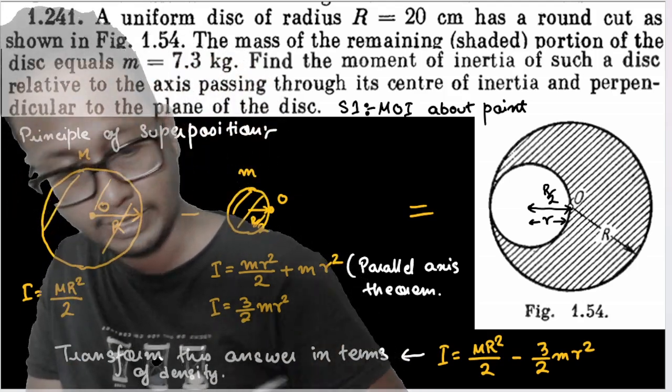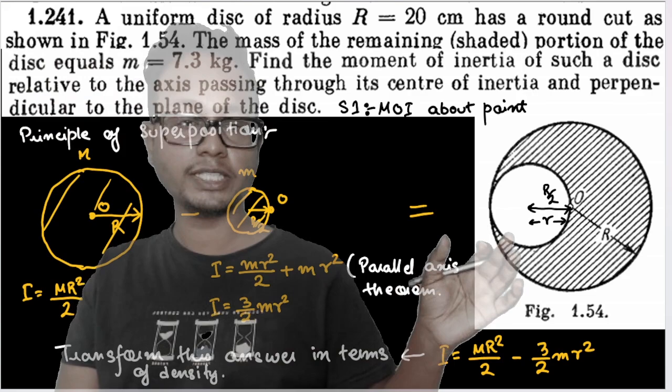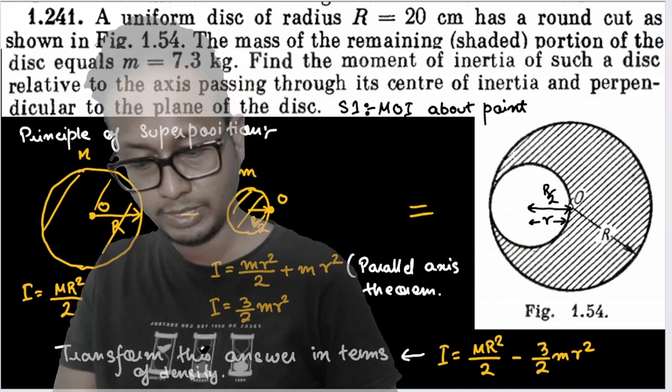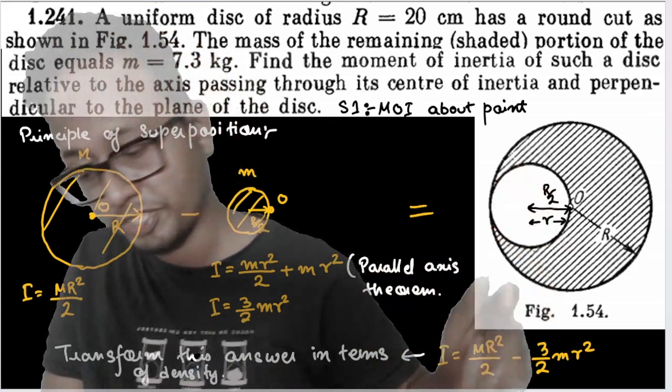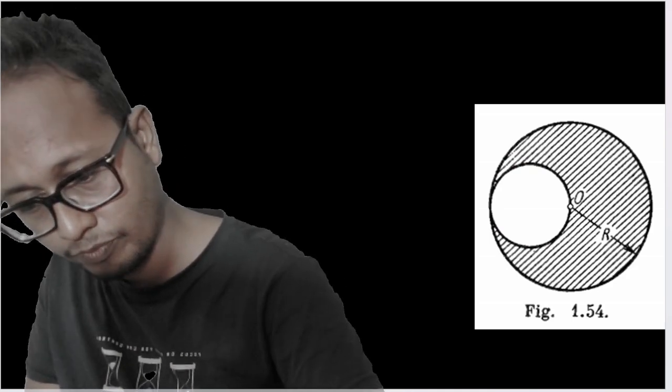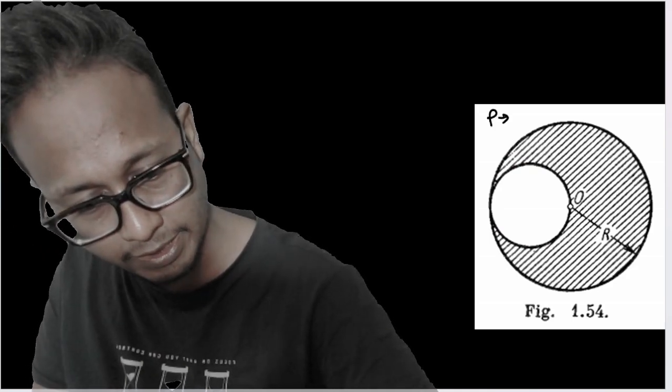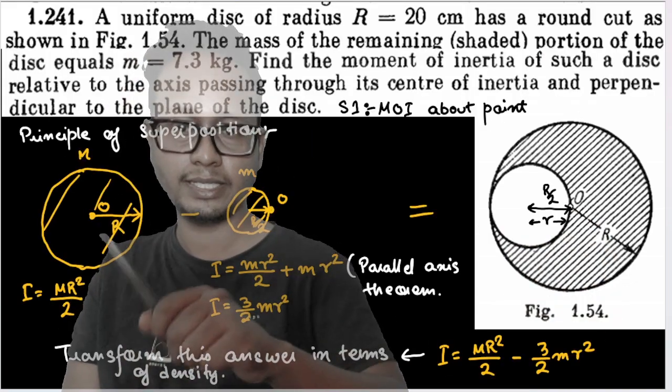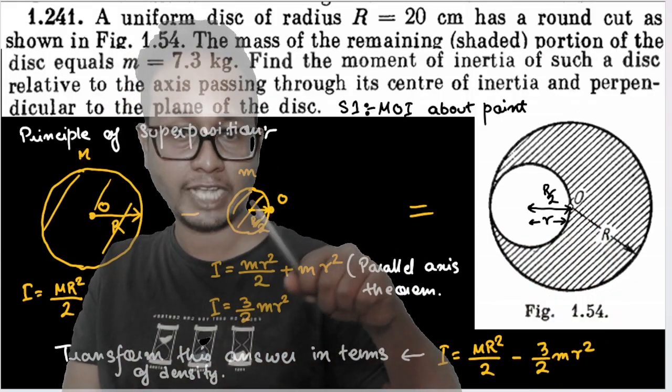So the moment of inertia is nothing but Mr square by 2 minus 3 by 2 m r square. So, let the density of this object be rho. Rho is nothing but the density of the disk. So the density of this entire disk is equal to the density of this filled disk, which is equal to the density of the hollowed out part assuming it is filled.